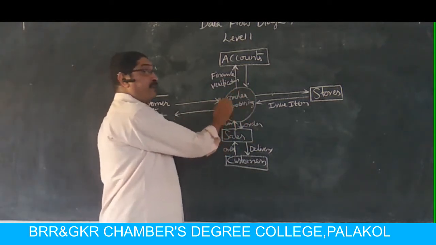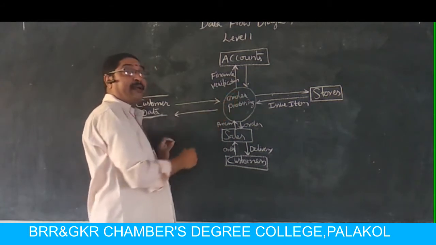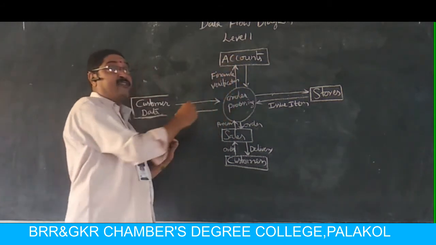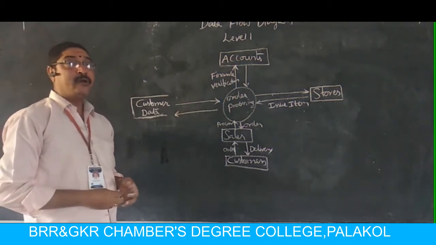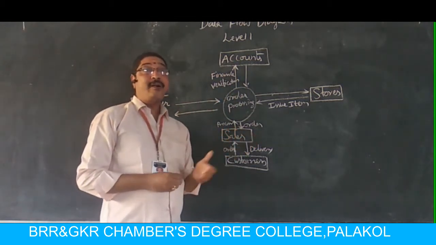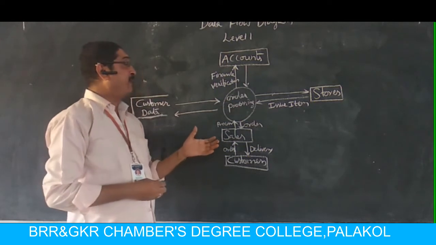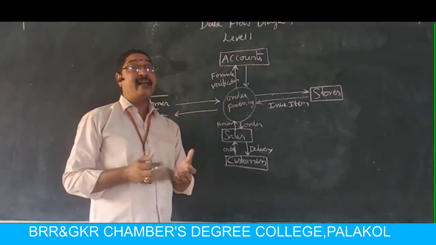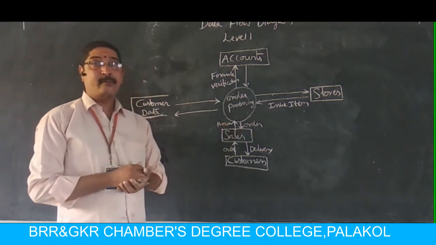Again, for every order, the customer has already paid the amount. It will be verified in the accounts department for finance verification. So in this level 1 DFD, we explained some more deep details, inner details of the organization.